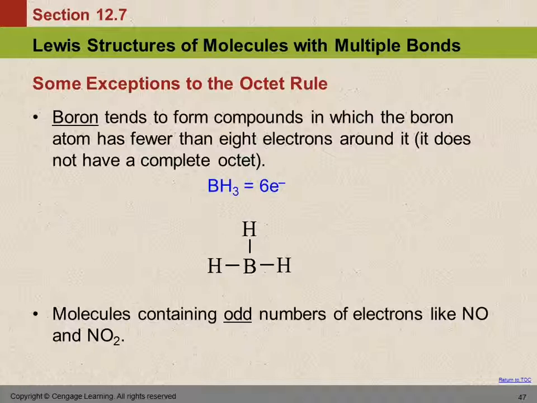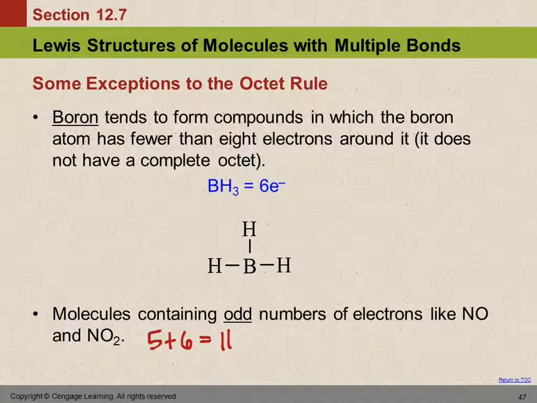Another exception is molecules containing odd numbers of electrons, like NO and NO2. Got to have some fun in life. How many valence electrons does NO have? Well, nitrogen has 5, and oxygen has 6, and that adds up to 11.